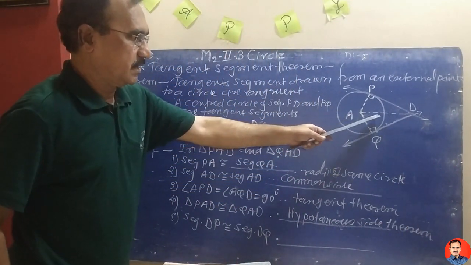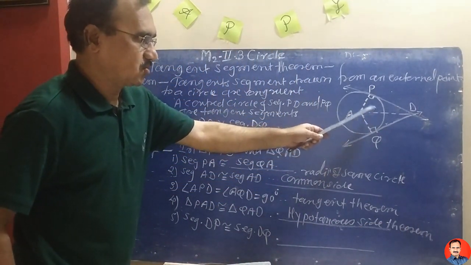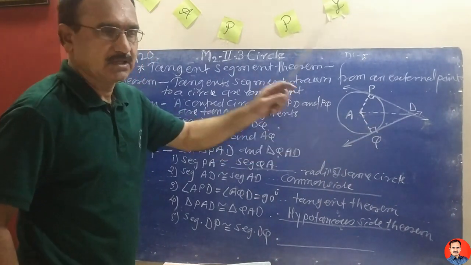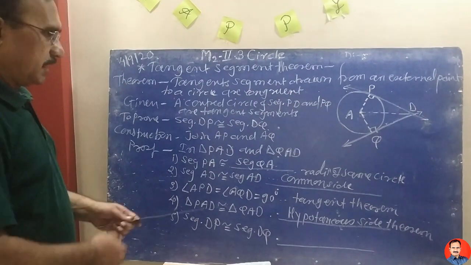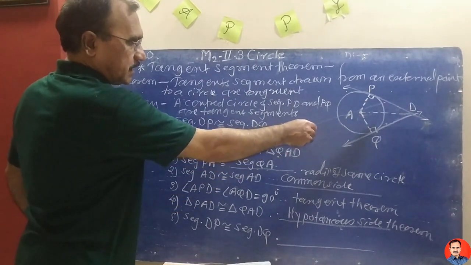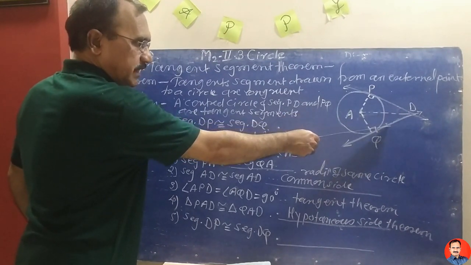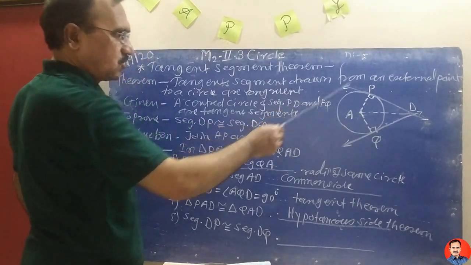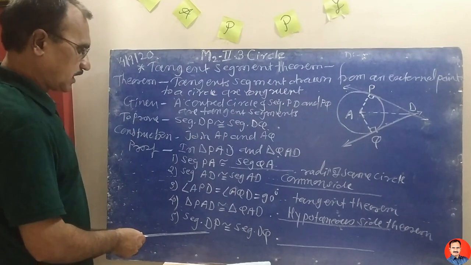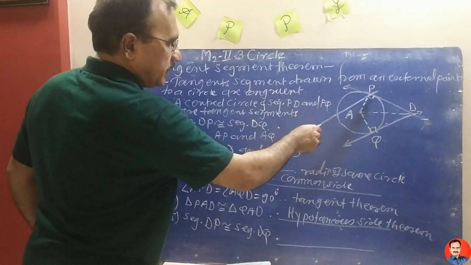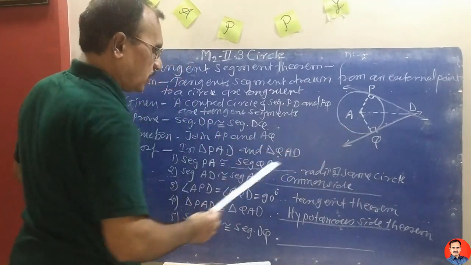Here one side and the hypotenuse are congruent, therefore these two right-angled triangles are congruent by the hypotenuse side theorem. And if triangles are congruent, you know, corresponding sides are congruent and corresponding angles are congruent. Here we have to prove segment DP is congruent to segment DQ.